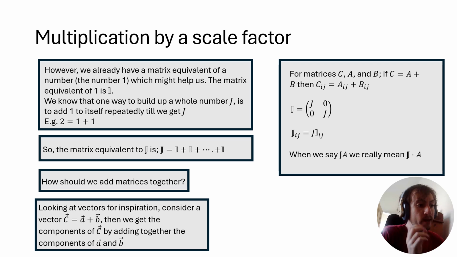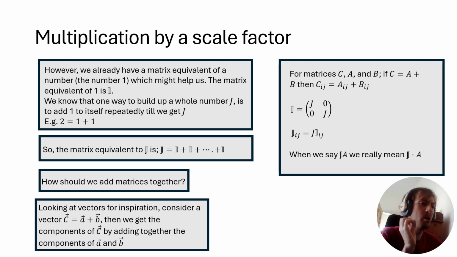And so if we apply this rule for how we add matrices together to our definition for the matrix equivalent of J, then we can see that in the case where J is a whole number, our matrix equivalent of J is just a diagonal matrix where all the terms in the leading diagonal are equal to J. Or in other words, Jij is just our number J multiplied by the ijth component of our identity matrix.